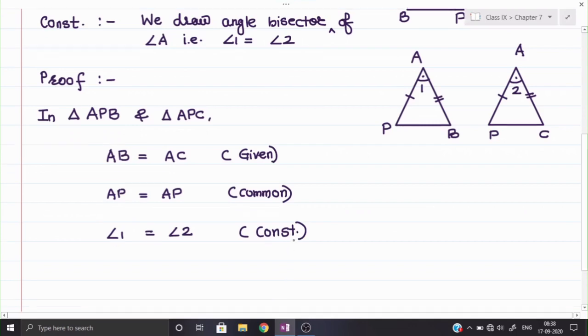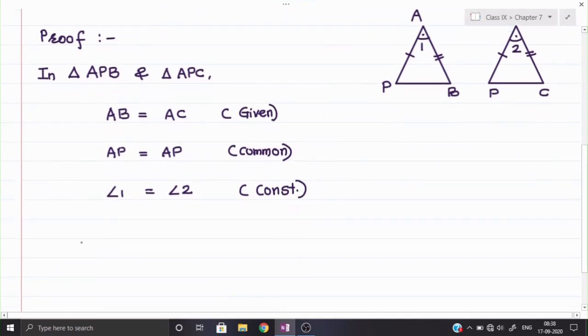So now we can say that triangle APB is congruent to triangle APC by side angle side rule, right?